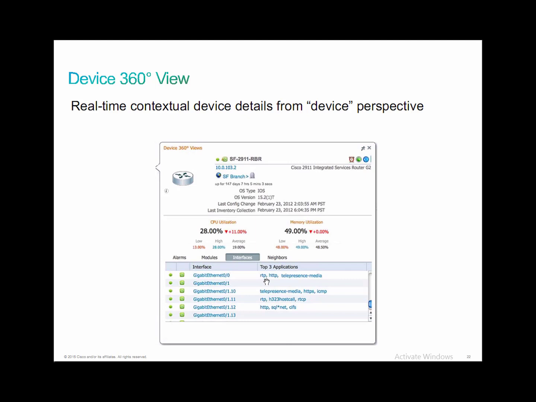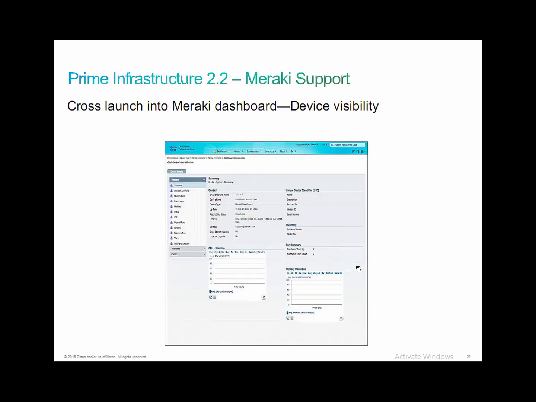Remember, Prime Infrastructure, as its name implies, supports everything in your infrastructure: routers, switches, wireless clients, access points, and controllers. Meraki support was added in Cisco Tech Pack 2.2, and it was just an update to Cisco Prime.